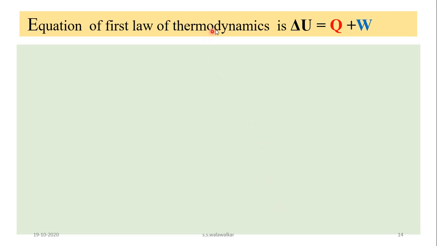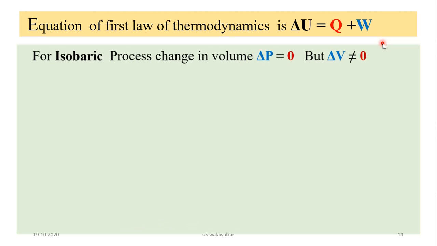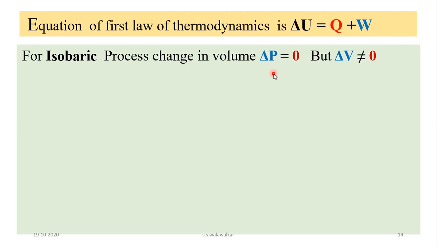So what is the equation of first law of thermodynamics? Delta U is equal to Q plus W. But here delta P is equal to 0 for isobaric process, but delta V is not equal to 0. If you substitute this value in first law of thermodynamics, then what will we get?